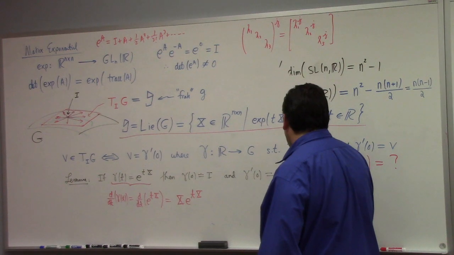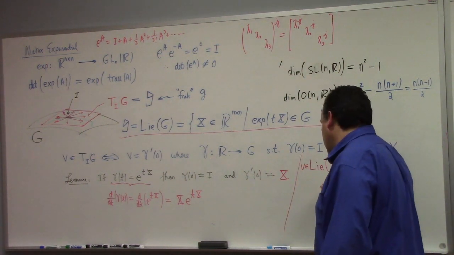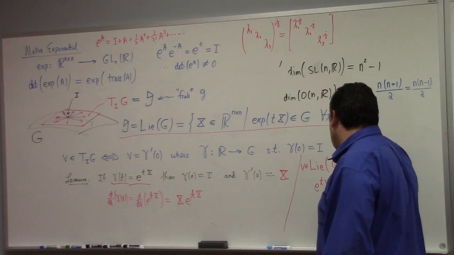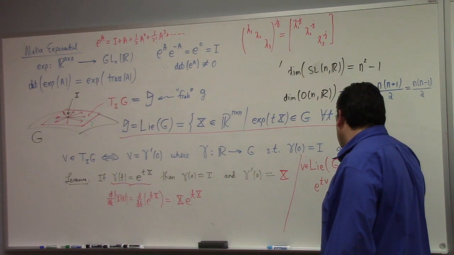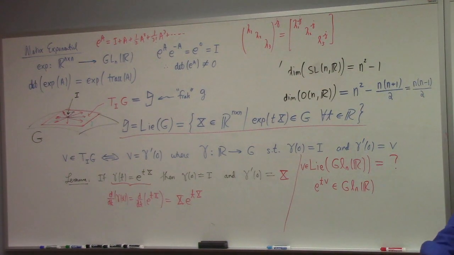I'm going to shift over to V again. For V to be in there, we need that e to the tV is an element of GLn. So what does it take for e to the tV to be an element of GLn?